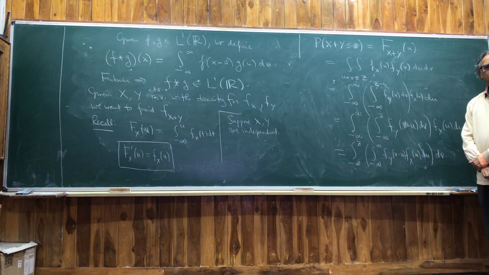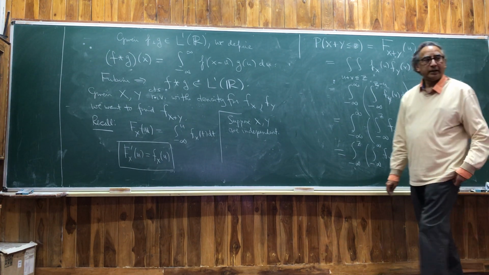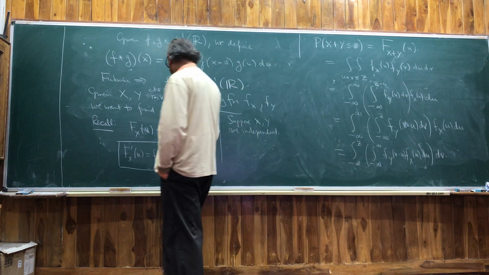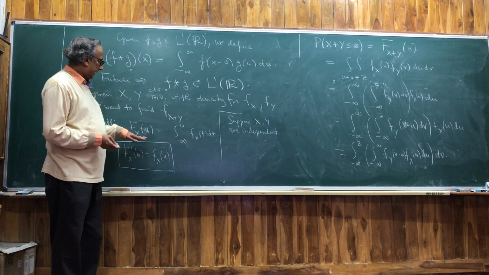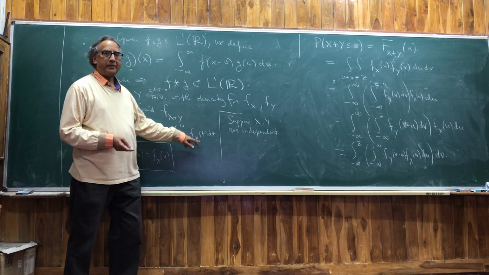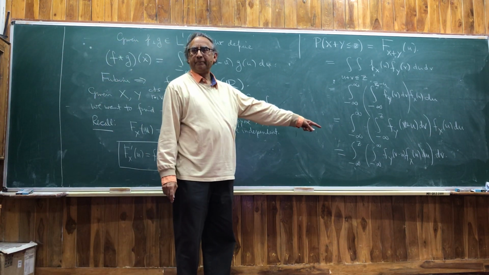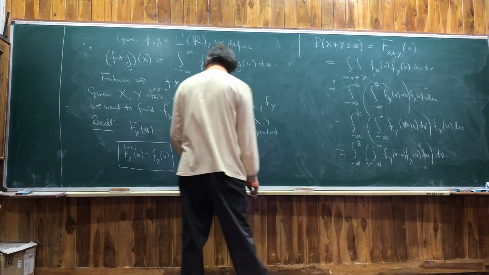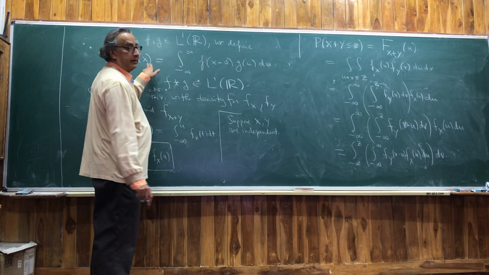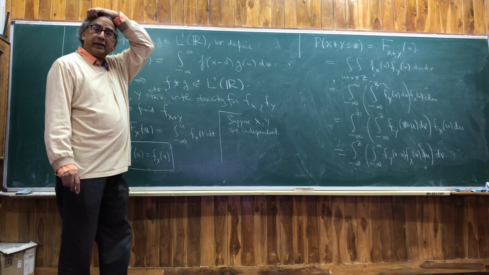When I change the order of things around, this is what I get, right? Keeping in mind that the density function and the distribution function are related by this formula, I see that the density function I'm after is the integrand here. And the integrand is nothing but the convolution of the two density functions.